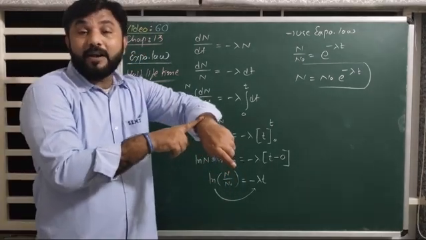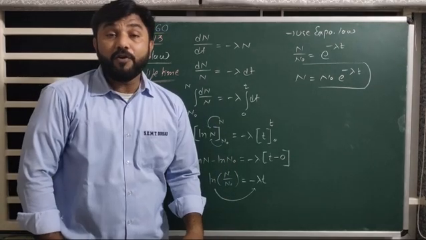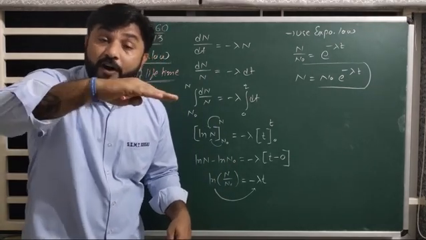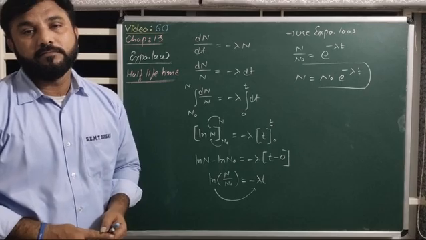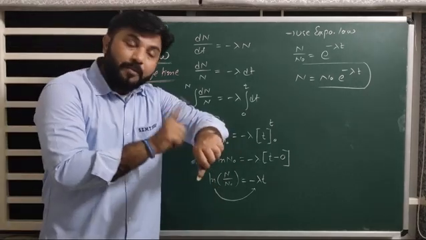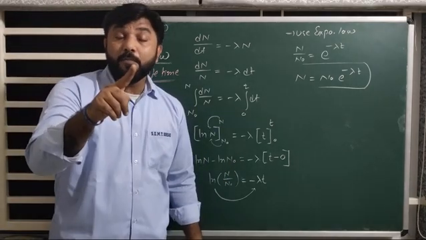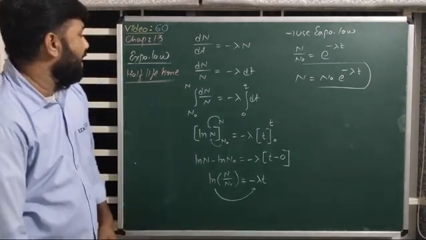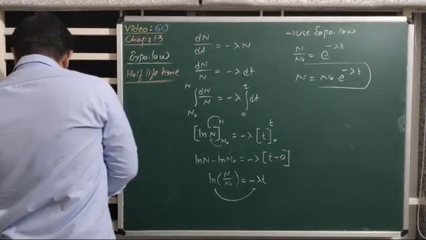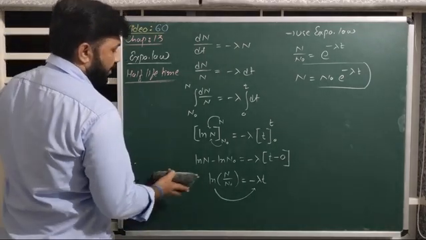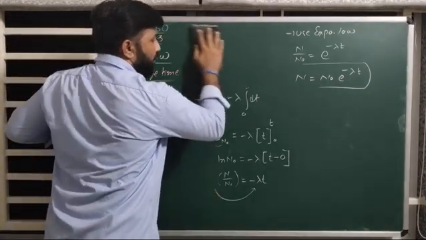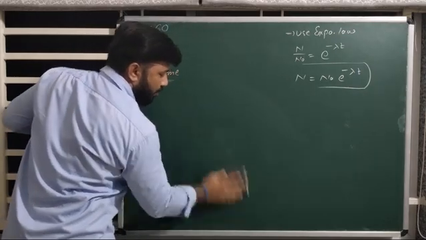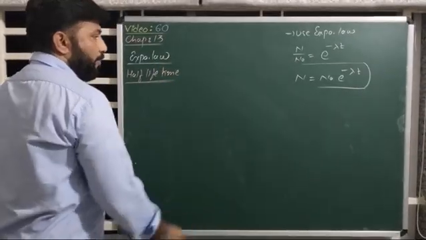The time interval in which the number of nuclei becomes half of the initial is known as half-lifetime. So, from the same equation, we can obtain it.